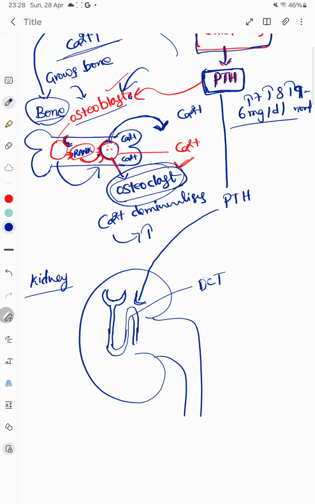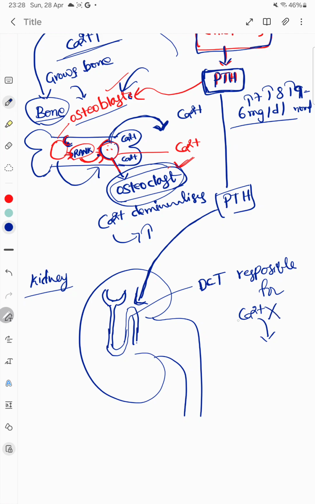This distal convoluted tubule of the nephron is responsible for calcium excretion out from the body. But this PTH hormone acts upon the distal convoluted tubule and prevents the excretion of calcium.